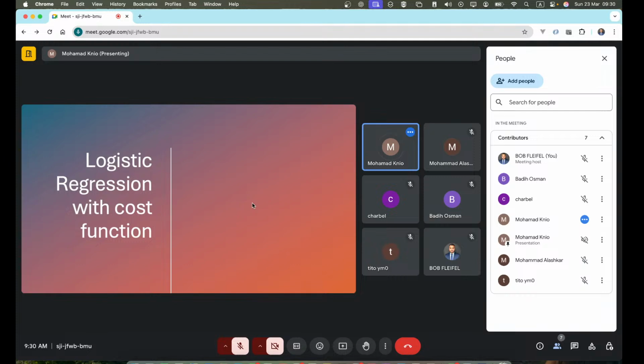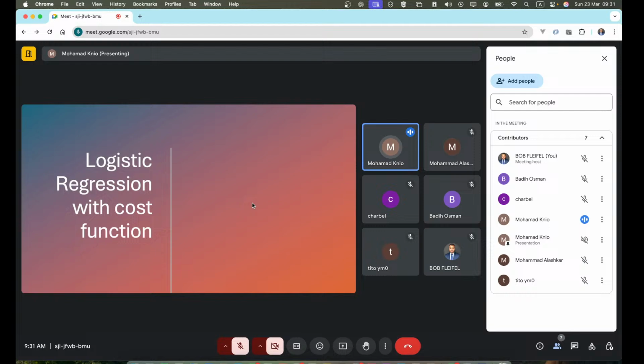To train the parameters of w and b, a logistic regression model will need a cost function. And again, for the sake of this example, we're using logistic regression, but you can use an algorithm for a different application that you're using.